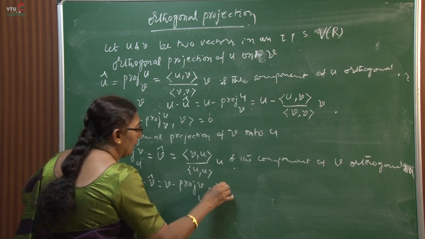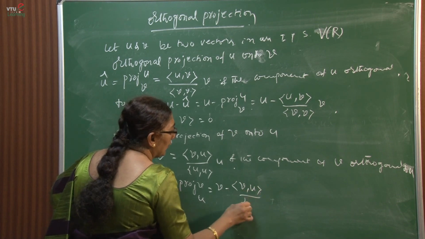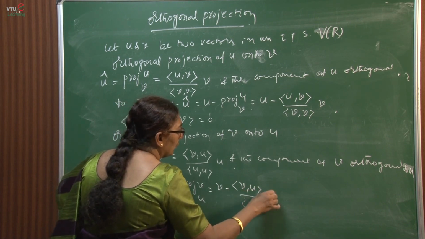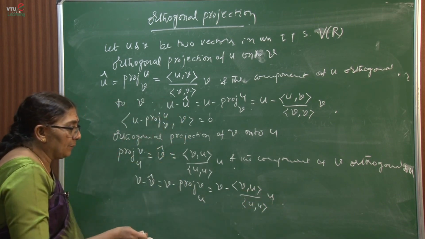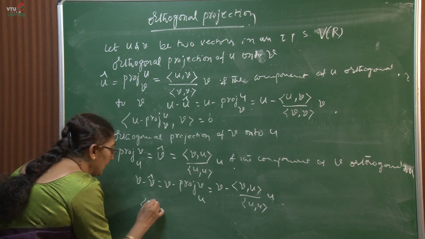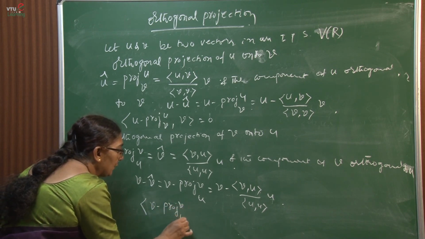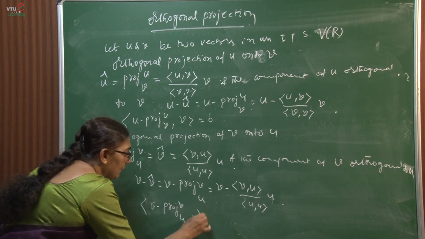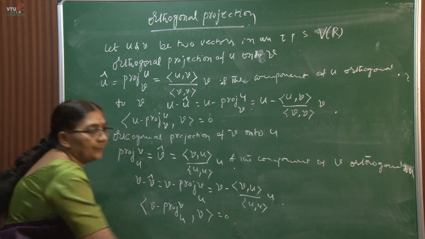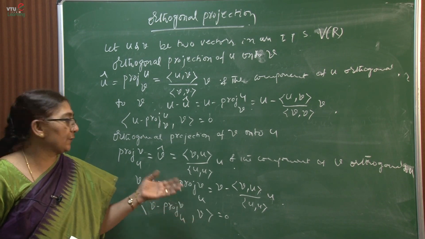That is, v minus inner product of v comma u divided by inner product of u comma u, into u. This component being orthogonal means the inner product of v minus proj of v with respect to u comma u must be equal to 0. See, sometimes they are going to ask to find the component orthogonal to v.